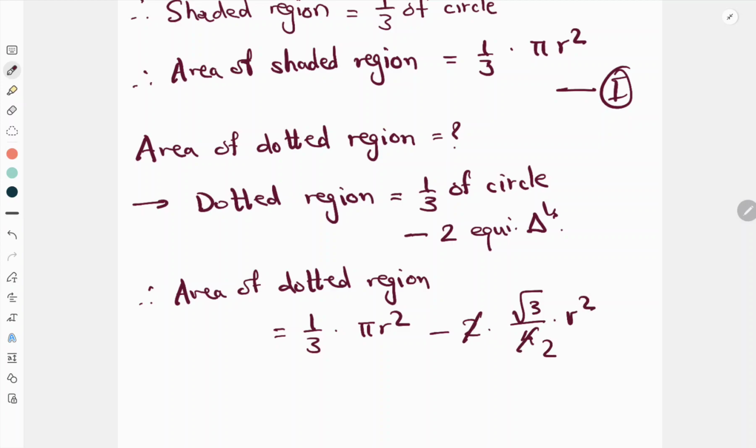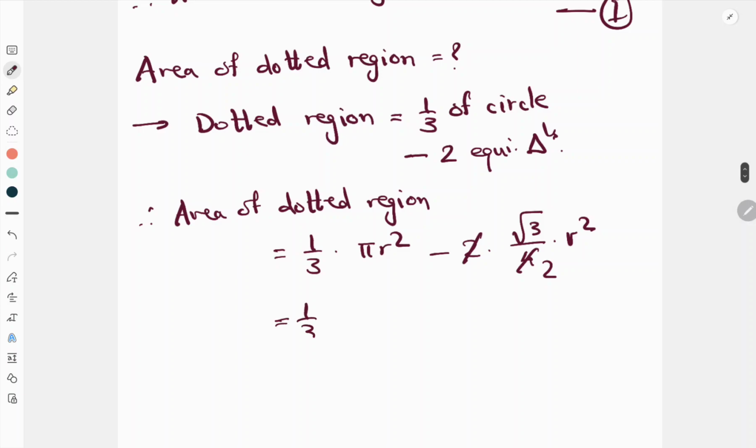So this becomes 1/3 times pi r square minus √3 divided by 2 r square.